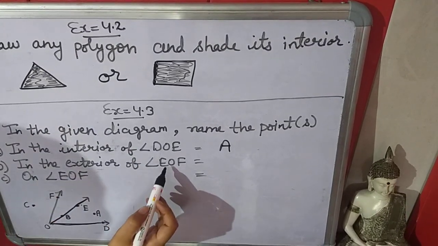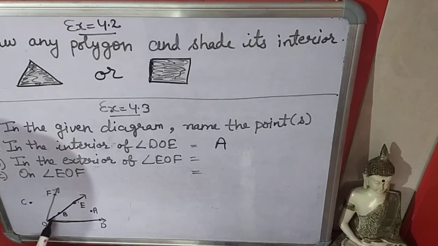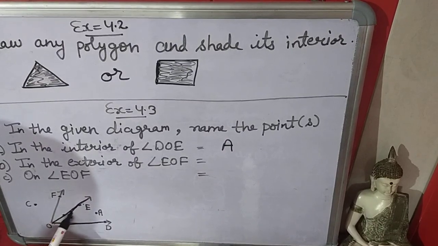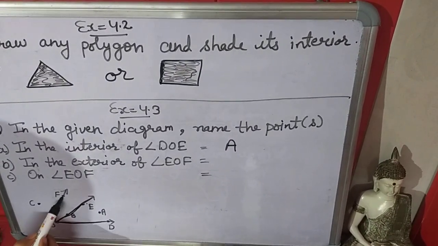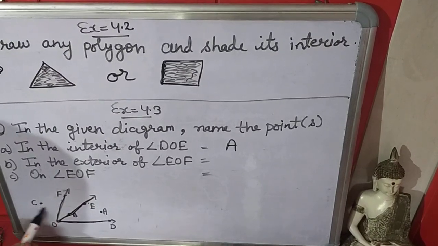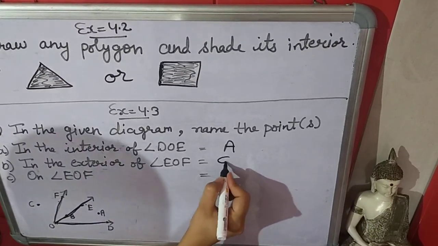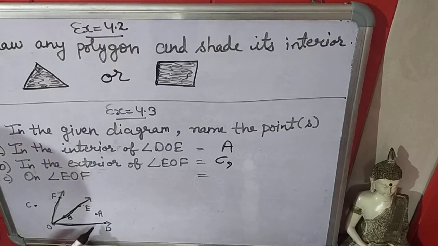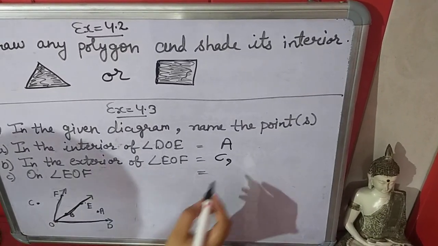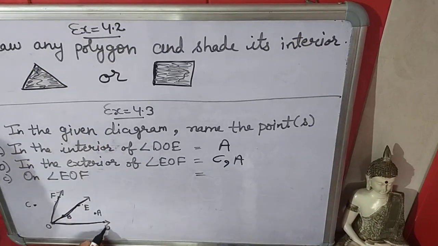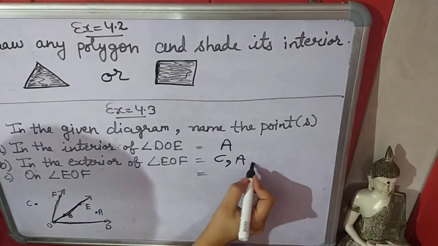In the exterior of angle EOF. This angle now. Now you have to tell the exterior points of EOF. Outside it, one is C. Second, look here. Outside EOF there is A also and you can write D also.